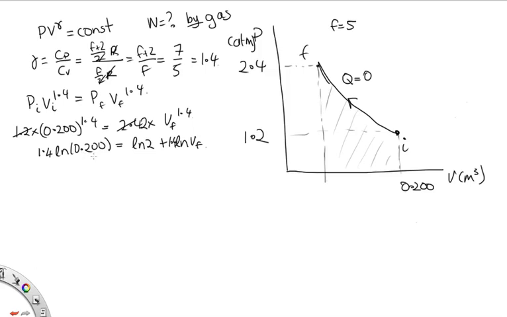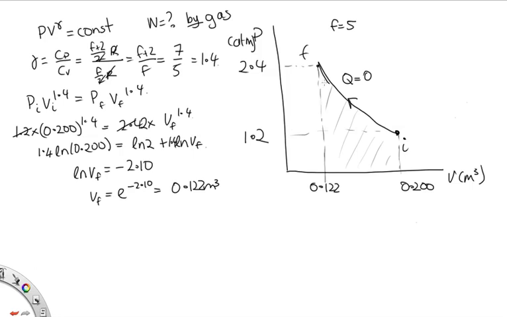You can work out what they are on your calculator and then divide by 1.4 and we end up with log VF is equal to minus 2.10, and so VF is equal to e to the minus 2.10, which is equal to 0.122 meters cubed. Let's just check it's reasonable. This is a compression, so it should be smaller than this one. So 0.122 meters cubed looks very reasonable on that plot there.